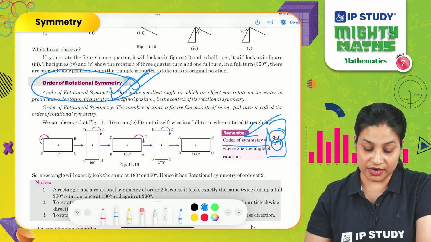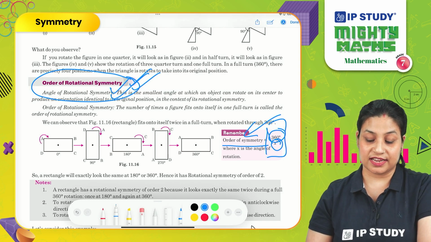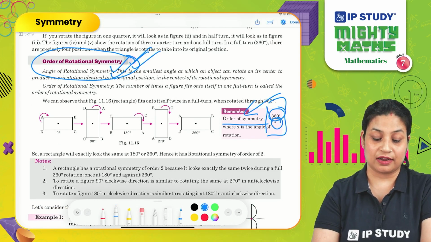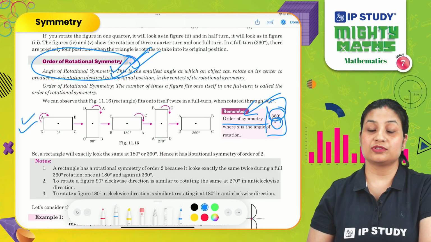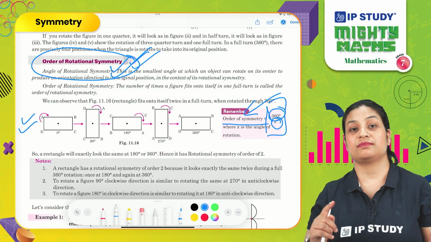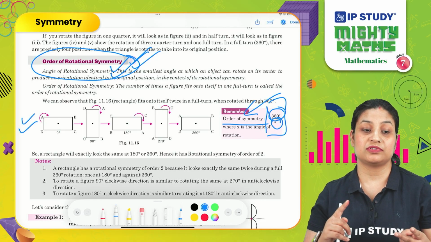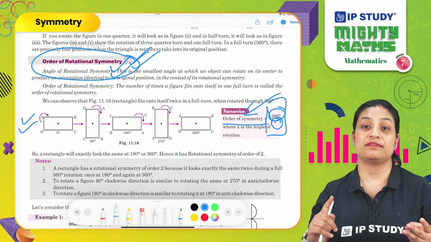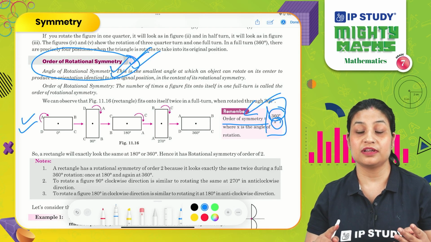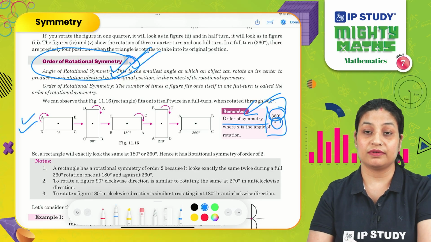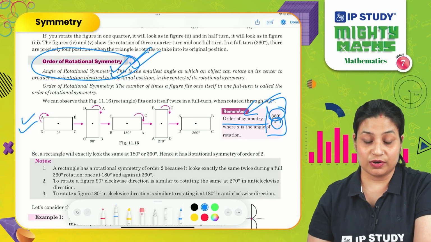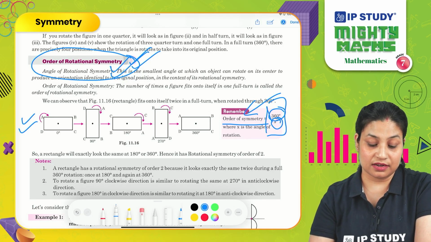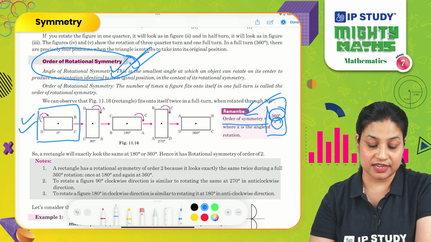Now, in order to understand this, let's take an example of a rectangle over here, right? So whatever we have discussed about rotational symmetry, we have discussed about center of rotation, angle of rotation, and order of rotational symmetry. So all these we are going to cover with this example. So carefully look at this example. Here you can see a rectangle is there, right?